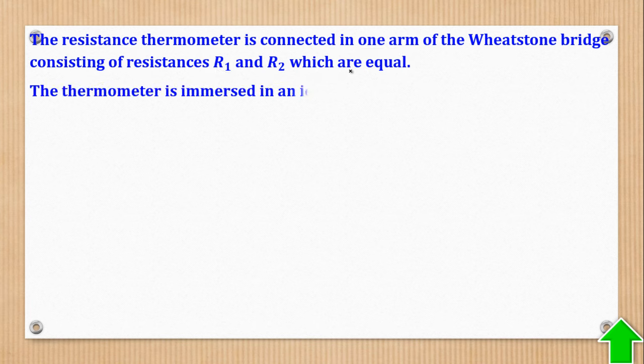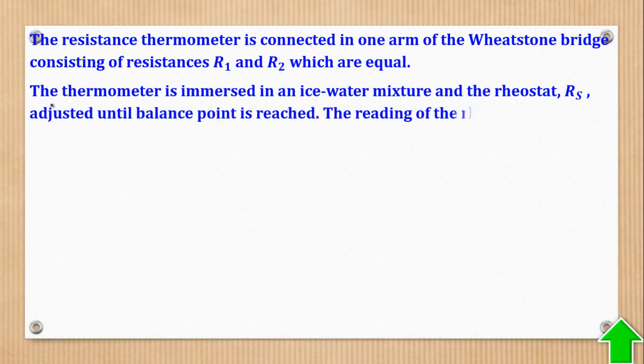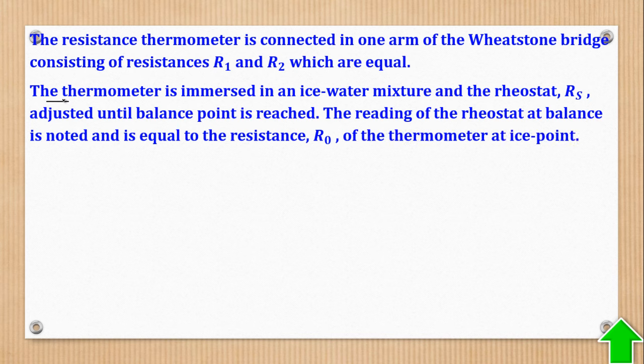I think you know why they are equal. So the thermometer is immersed in the ice-water mixture and the rheostat Rs adjusted until balance point is reached.